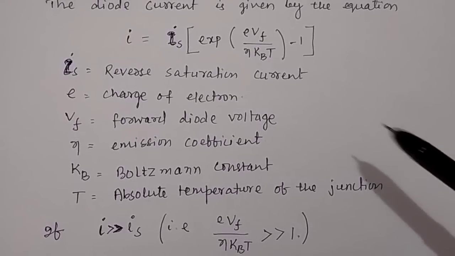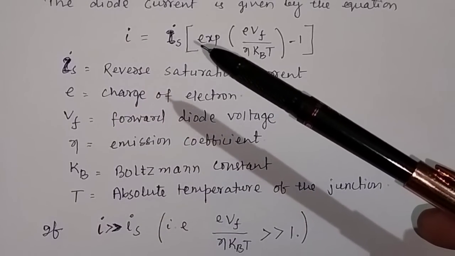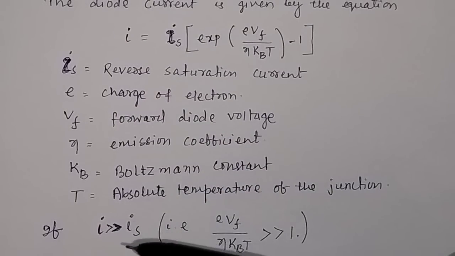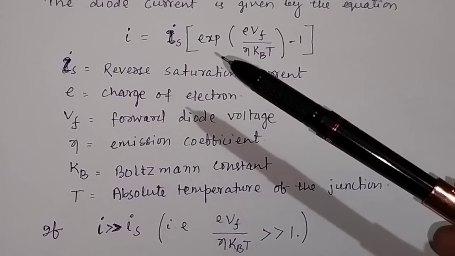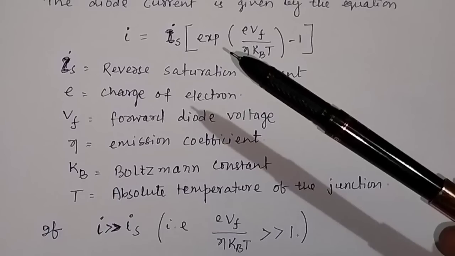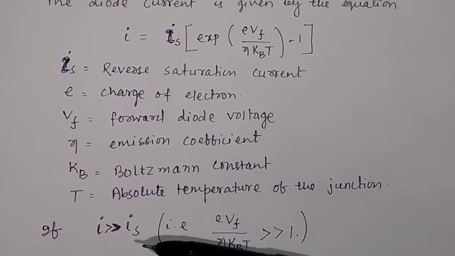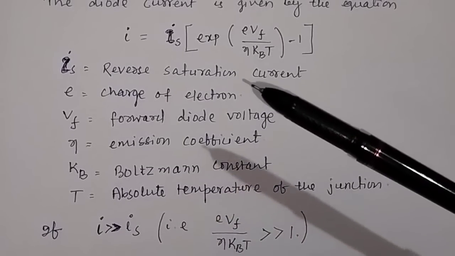And I have also discussed that the diode current is very large compared to the reverse saturation current, I is much greater than Is. Watch my video about the diode. Then if I is much greater than Is, what will happen?